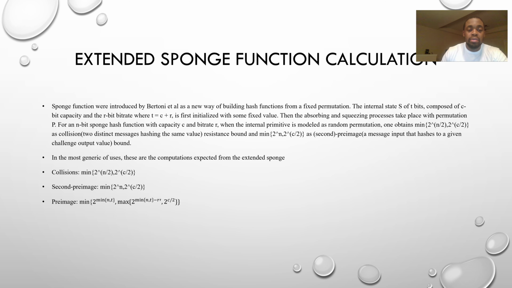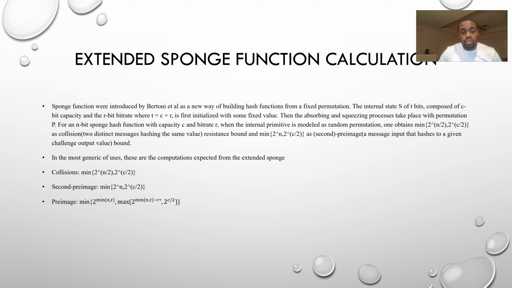For an n-bit sponge hash function with capacity C and bit rate R, when the internal primitive is modeled as a random permutation, one obtains the minimum between 2 to the power of n divided by 2 and 2 to the power of c divided by 2 as the collision resistance bound, and the minimum of 2 to the power of n and 2 to the power of c divided by 2 as the second pre-image bound.